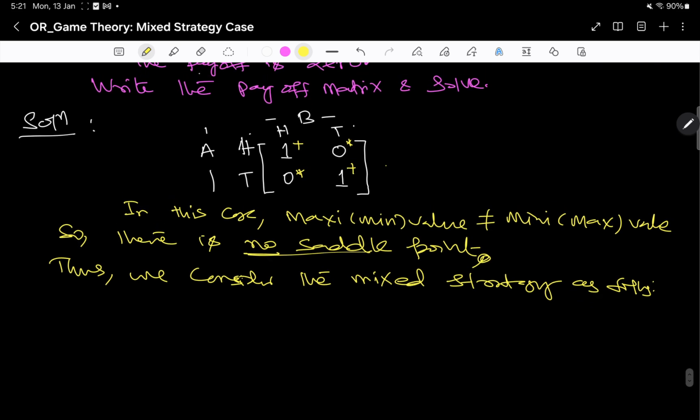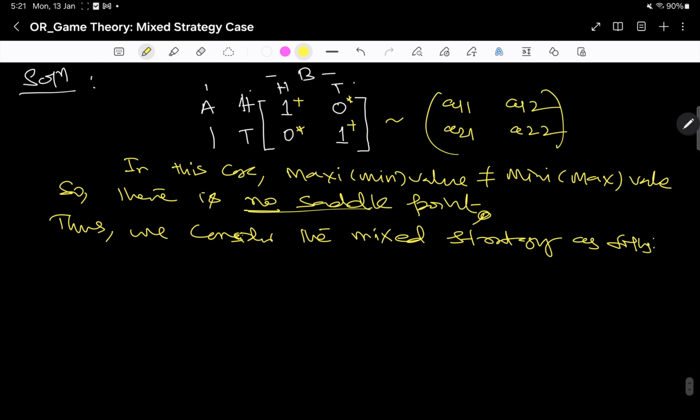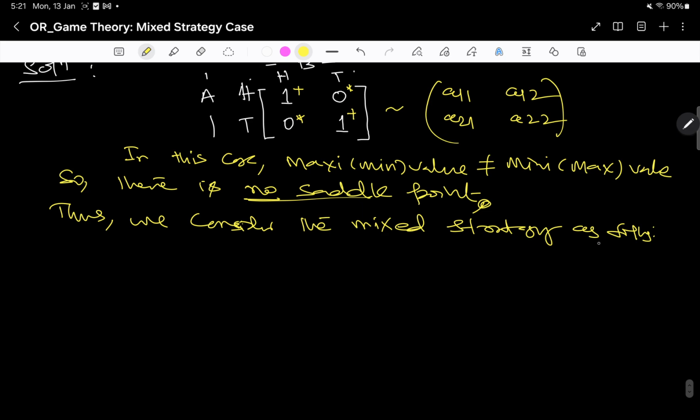We may just relabel the entries as A11, A12, A21, A22, so that we can apply the formula easily. We consider the mixed strategy as follows. Let the mixed strategy for A be: A has two strategies, A1 and A2.